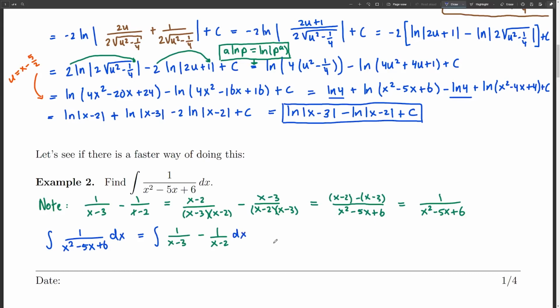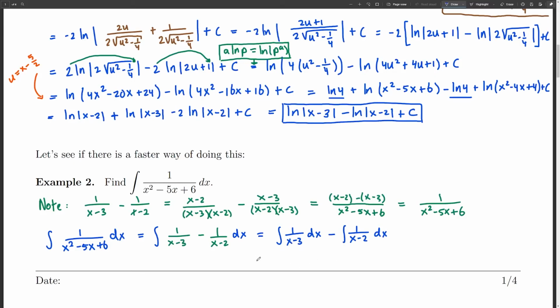Now, because the integral of a difference is the difference of the integrals, we can break that down. We get the antiderivative of 1 over x minus 3 dx, and then minus the integral of 1 over x minus 2 dx.